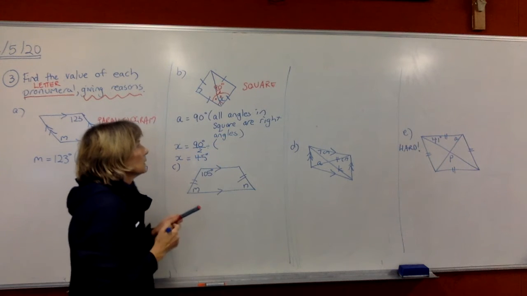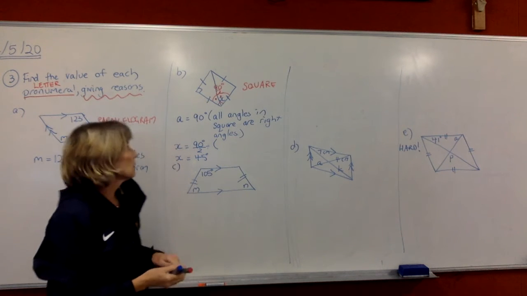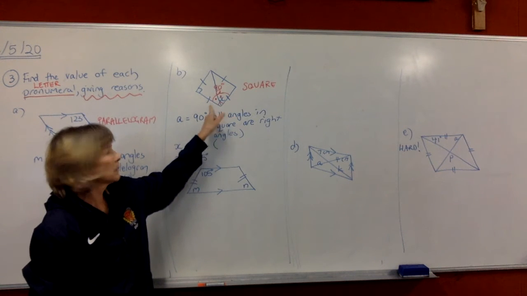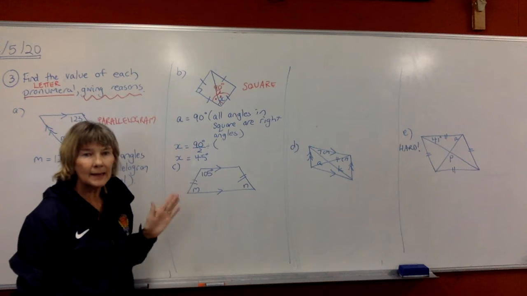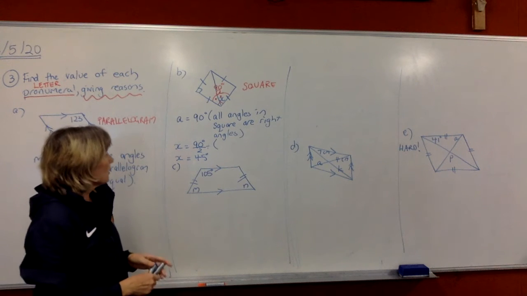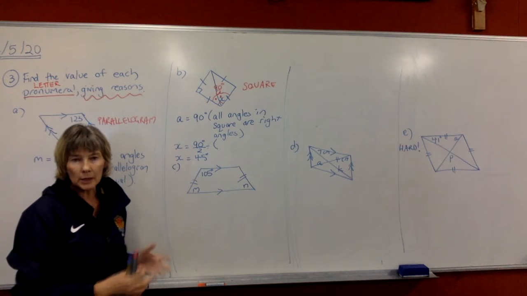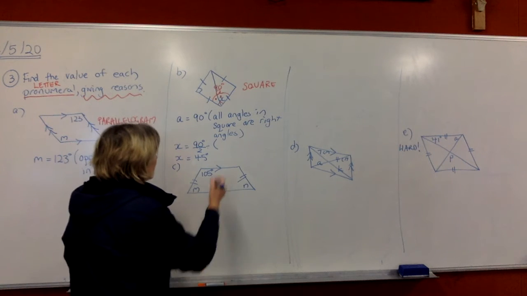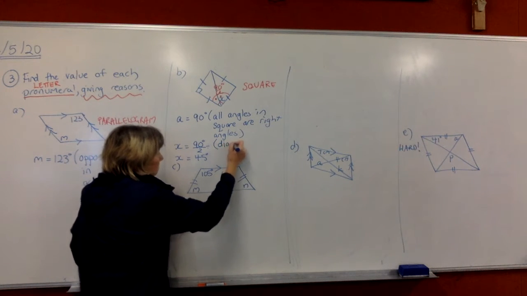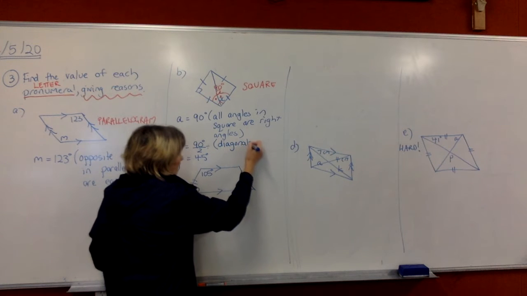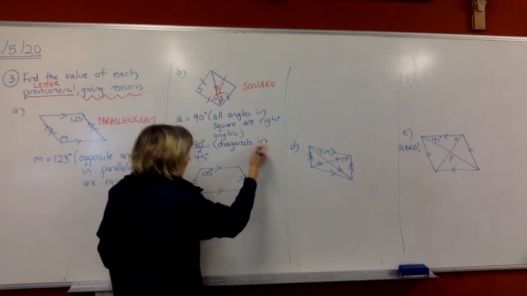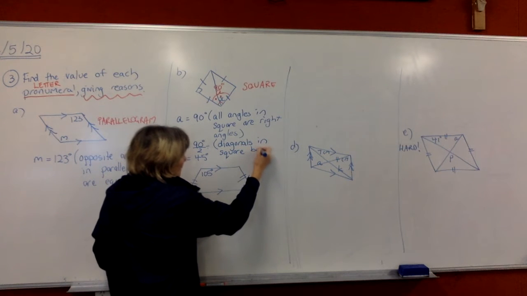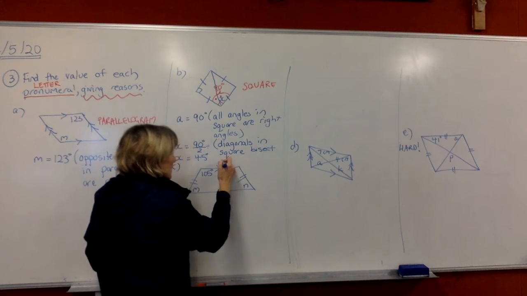Now, we don't always do that with diagonals. We don't always look at the angle where they are and split them into 2 equal bits, but we can in a square. Now, I'm not sure whether this reason was actually written in our table, but I'm going to write it down here anyway. So the diagonals in the square bisect its angles.